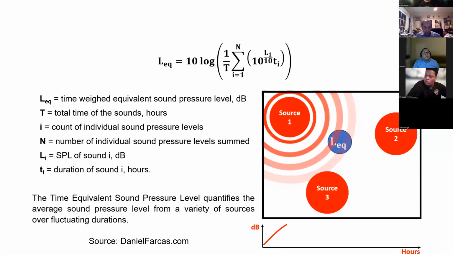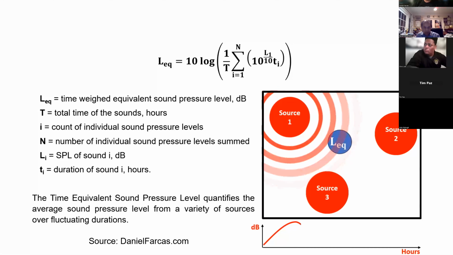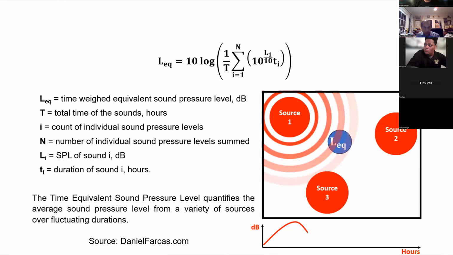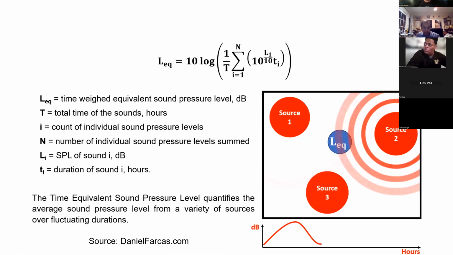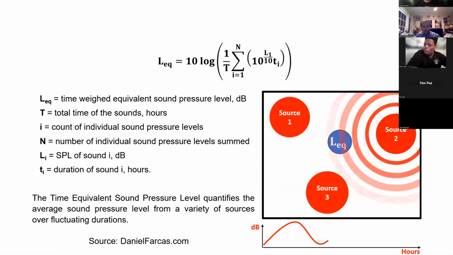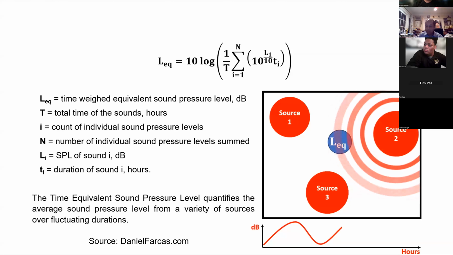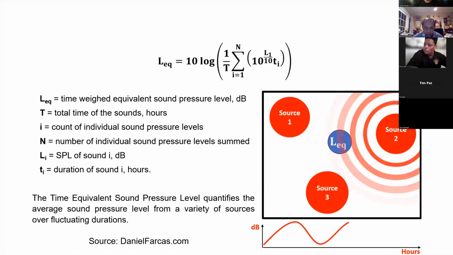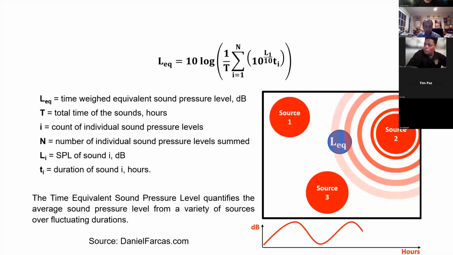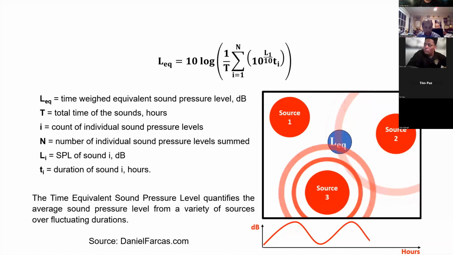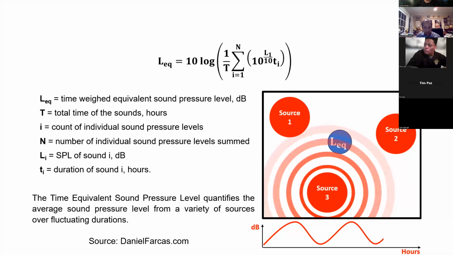As you can see in the animation, if you measure sound levels in a busy work area for 8 hours, then you can calculate the time equivalent sound pressure level based on all sources from machine and equipment. And you would get a single value that represents the equivalent sound level over that 8 hours period. Time equivalent sound pressure level is used in situations where sound levels vary over time and help us understand variations in noise exposure.